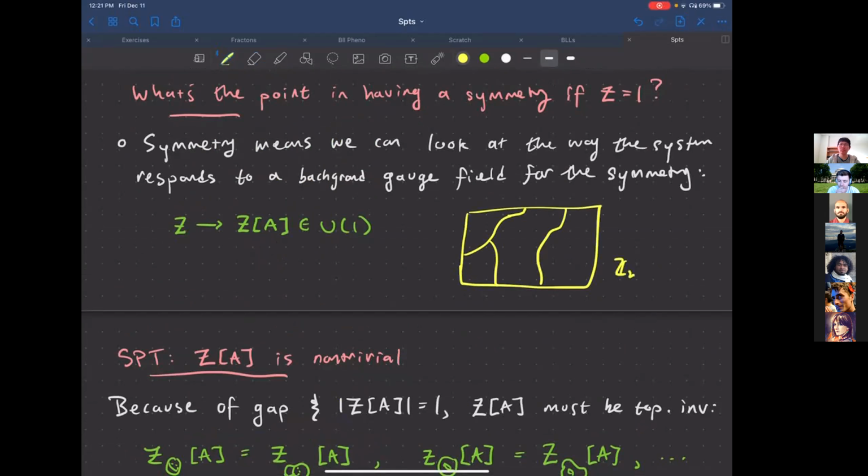Then what I mean by A here for a Z2 symmetry is some configuration of domain walls such that if you're an up spin here and you move across this Z2 domain wall, you get flipped to a down spin. And so in the case where up spin or down spin is not a property of A, A is like this stuff, sort of.